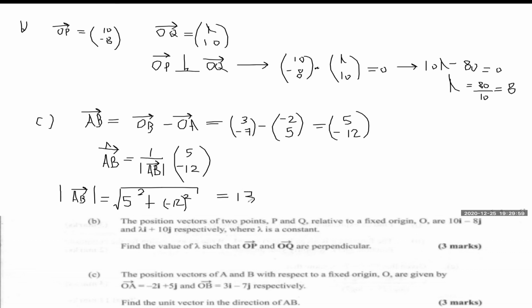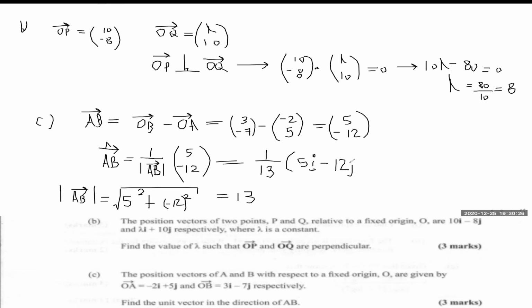Now that we get that the magnitude is 13, we can conclude that the unit vector AB is equal to 1 over 13 times, now all you need to do is put this back in the right form, the ij form, so it is 1 over 13 times 5i minus 12j.